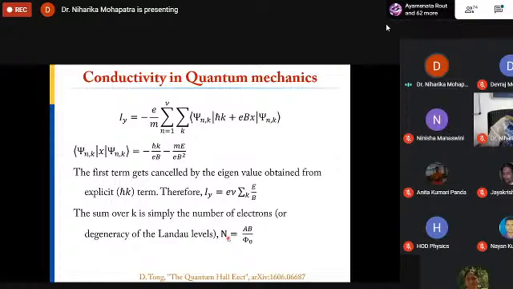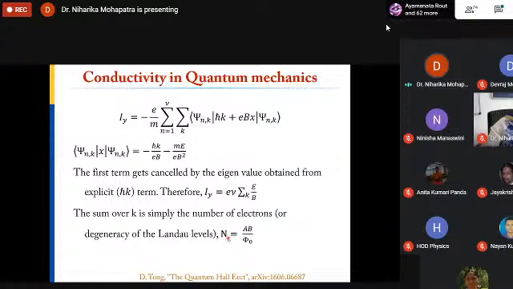Now the next part is how do we get the edge current? From here you can calculate, because you obtain the current ultimately. Once you obtain the current, you can get the conductivity also. So from here you can show that the conductivity along the x direction, the longitudinal conductivity, is 0, whereas the transverse conductivity, or the Hall conductivity, you find to be e nu by phi naught.